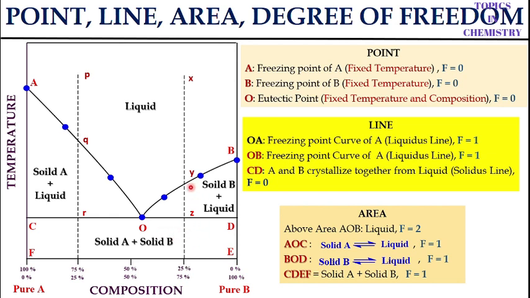Again you can see as solid B crystallizes out first from the liquid mixture, the amount of solid B is greater than the amount of eutectic mixture. So these are the defined points, lines, areas, and degrees of freedom of the binary eutectic phase diagram.